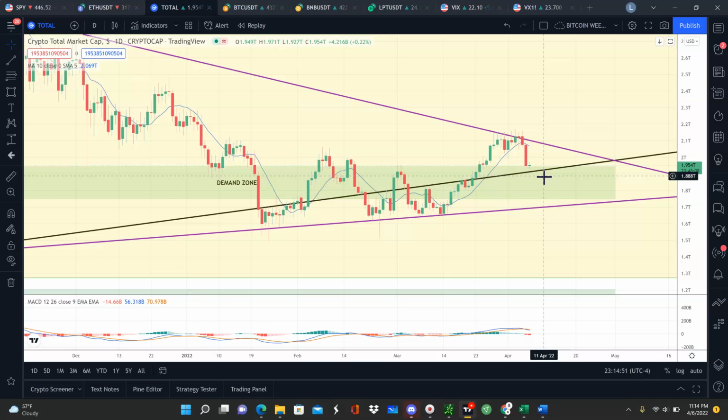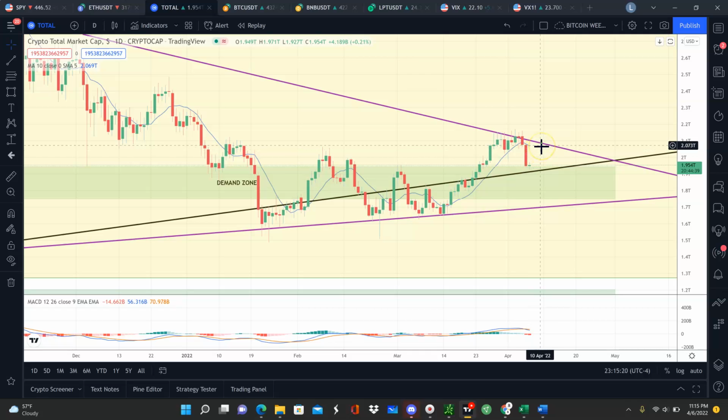But if it holds, then there's a possibility of crypto total market cap maybe heading back over 2 trillion. So there would possibly be some opportunity to the bullish side, and if that were the case, I would be looking to exit my bullish positions right around that 2.1-ish area.